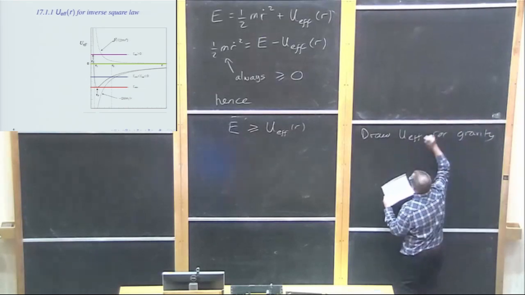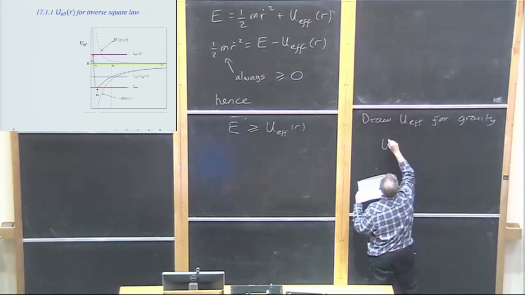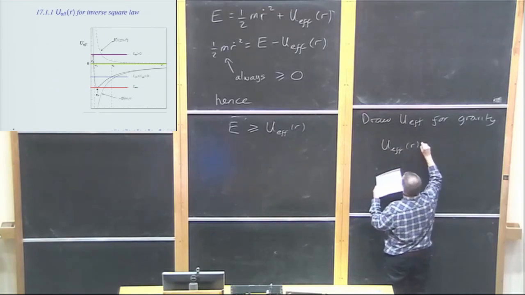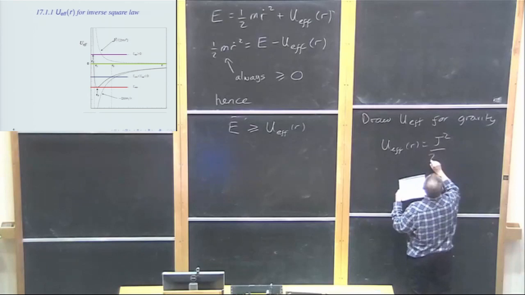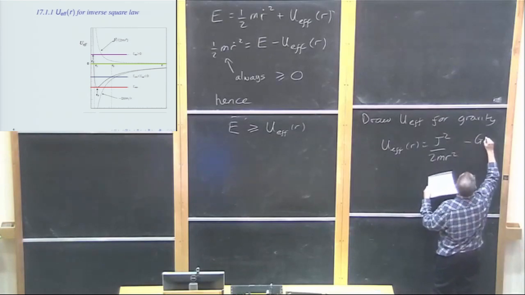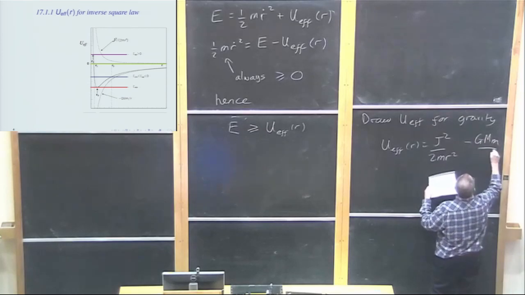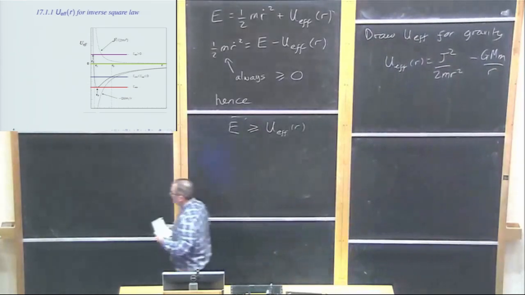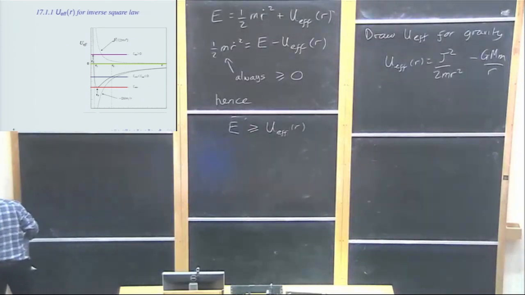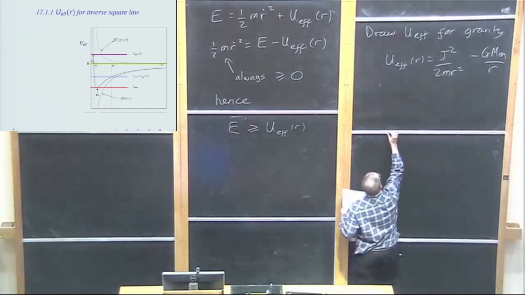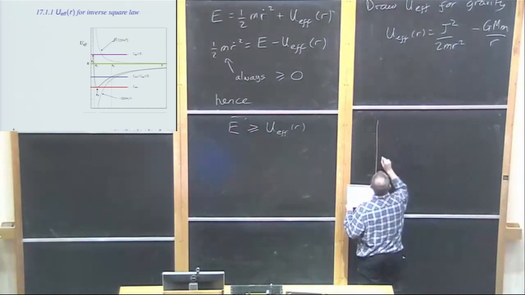So then we have U effective of r equals J squared over 2mr squared minus G big M little m over r. I'm just going to draw what we have on the slide, but we can quickly do it here just so we understand what's going on.